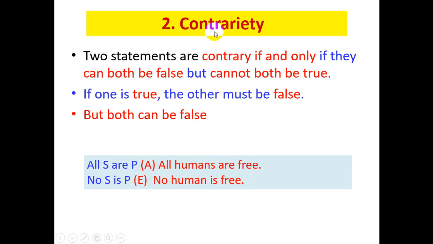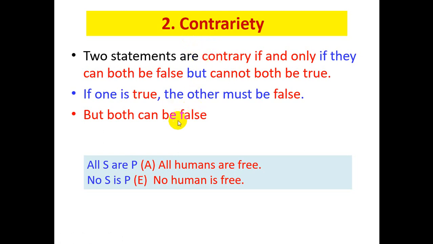This is called contrariety. In Arabic, contrariety is translated into at-tadarub, and contradiction in Arabic is translated into at-tanaqud. So there's a difference between contradiction, at-tanaqud, and contrariety, at-tadarub.